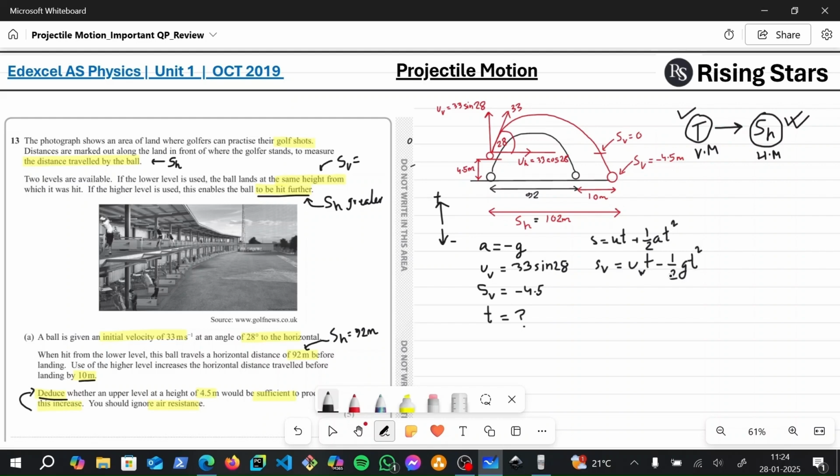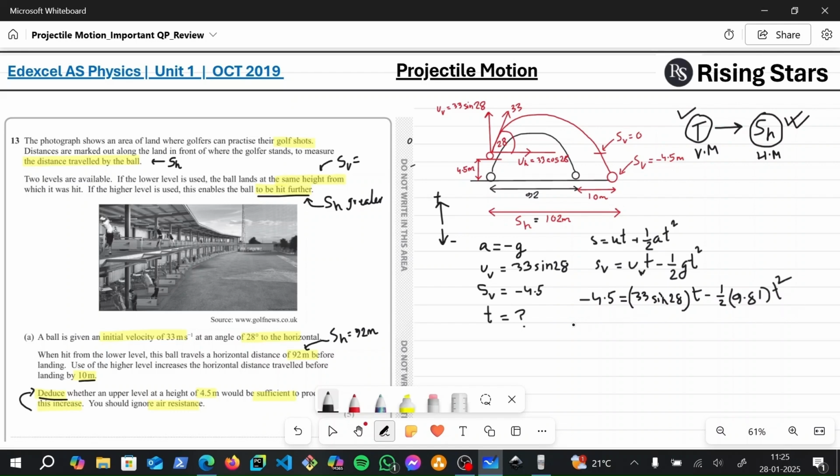And then I put down the values. SV is negative 4.5, UV is 33 sine 28, times T, minus half 9.81 T squared.